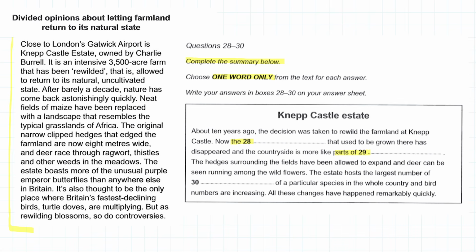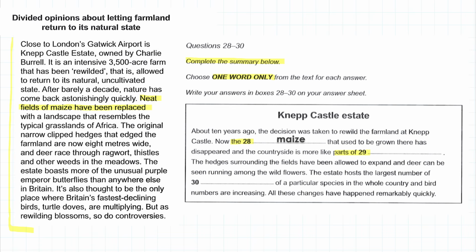So we're looking for some sort of a location, right? Let's have a look at our passage. We can read that neat fields of maize have been replaced with a landscape. So 28 is maize. Be careful, it's not fields. Fields doesn't fit grammatically, the sentence doesn't make sense.